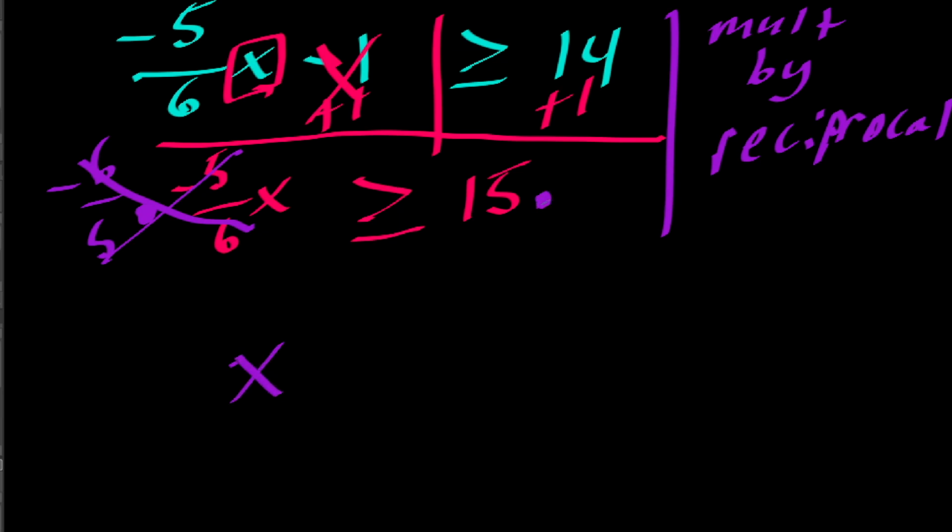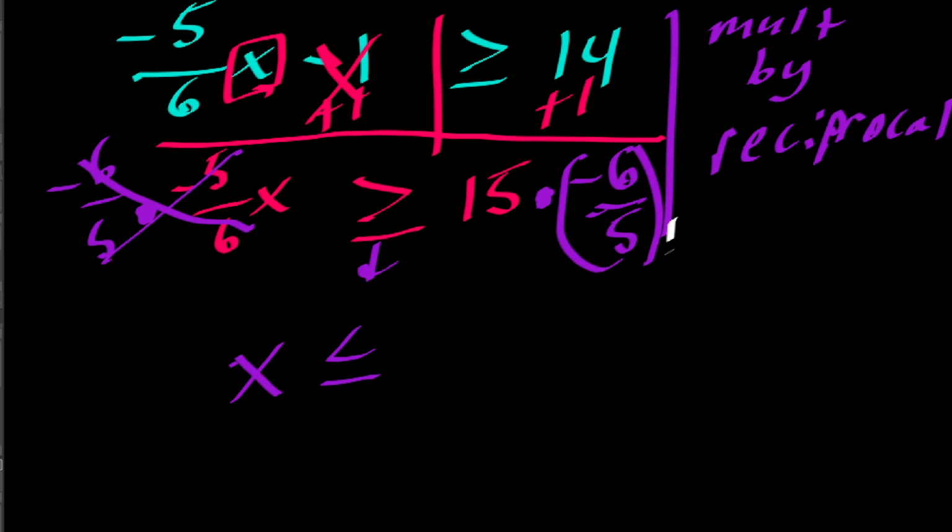Now, watch what happens when I multiply on the right side. I'm multiplying a negative on both sides. That fraction is a negative, which means this symbol will flip to less than or equal to. And now, once again, here's an easy way to multiply fractions without a calculator.